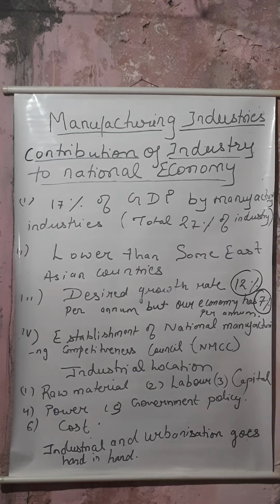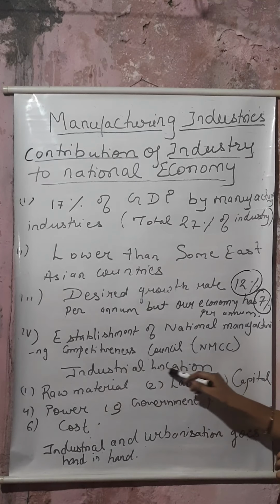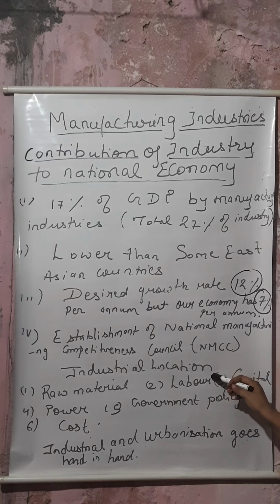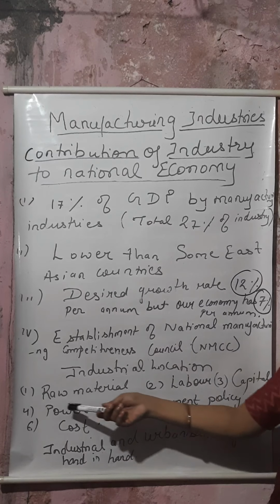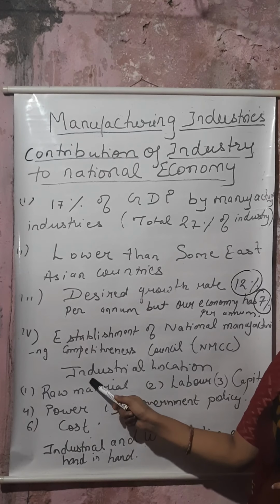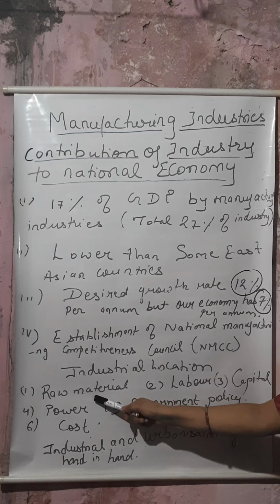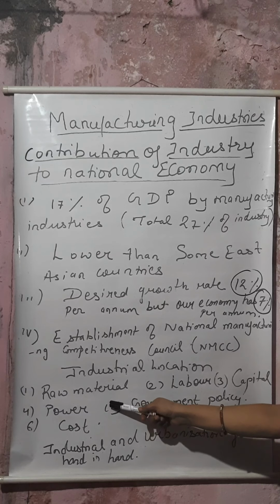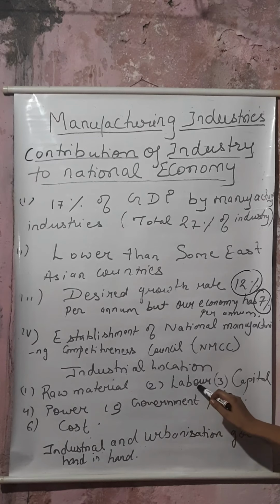Now, industrial location. What are the factors responsible for industrial location? There are many factors. The first is raw material. Of course, industry will be set up in an area where it can easily get raw material. Second is labor.